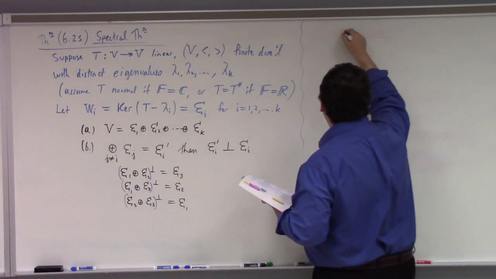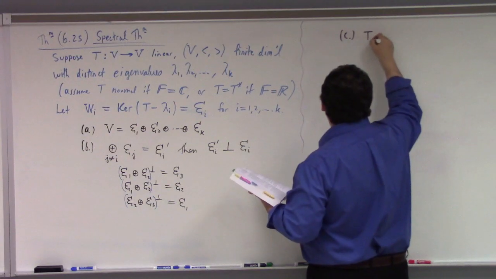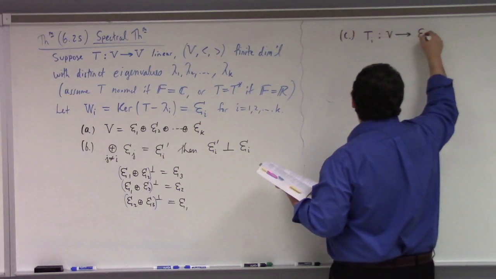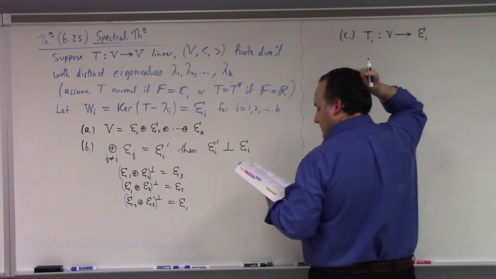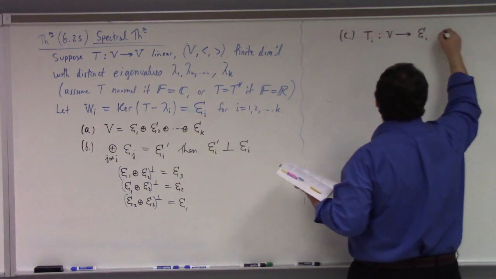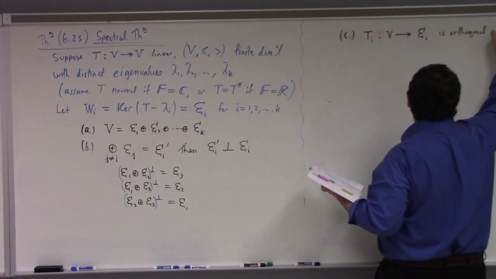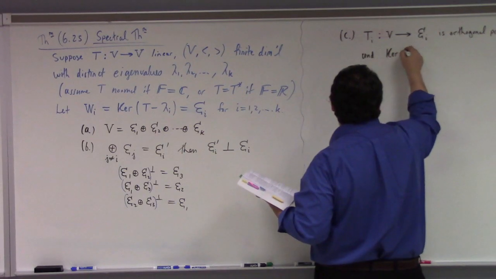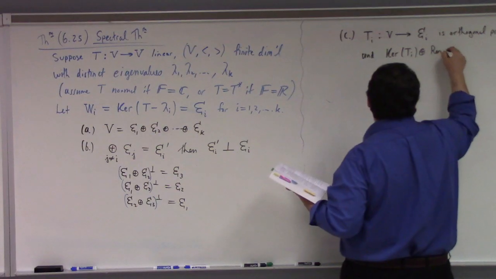C: T sub i is the mapping from V to E sub i. It is an orthogonal projection, and that means that the kernel of T sub i direct sum the range of T sub i is what?